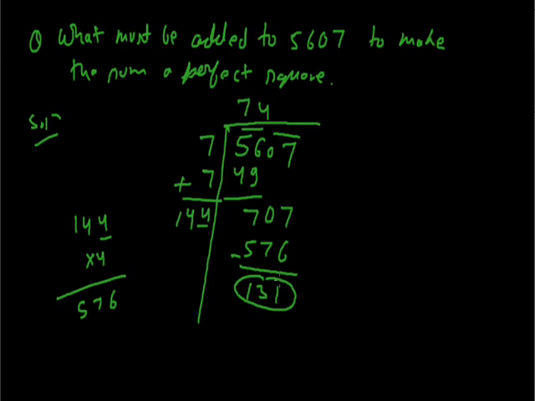I have to subtract 131 from 5607 so that the difference becomes a perfect square. But our question is of addition.